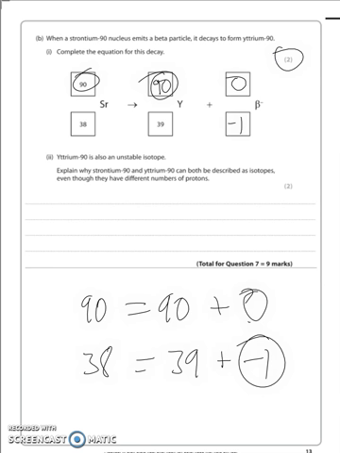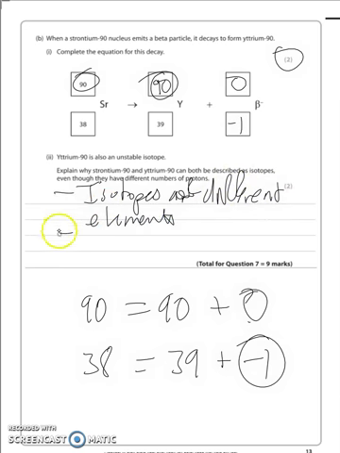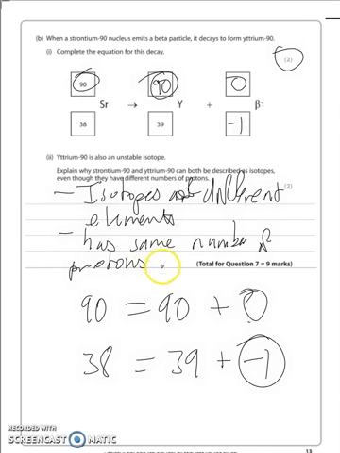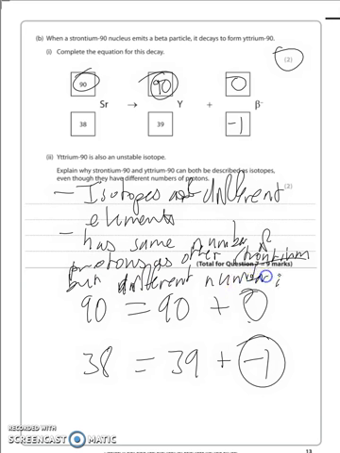Well, isotopes of different elements has the same number of protons as other strontium atoms, but a different number of neutrons. Sorry, this is going to get very muddled. Check the mark scheme. They write this out much better than I will.